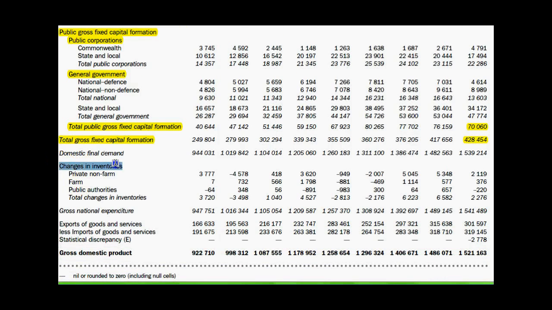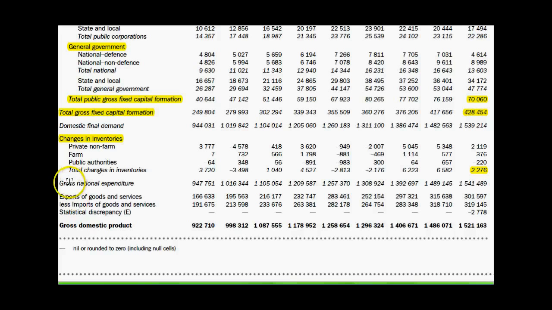And we've got inventories. Inventories here is referring to kind of like warehousing, so the production of goods and services which are then stored. We can see the total comes to 2 billion.